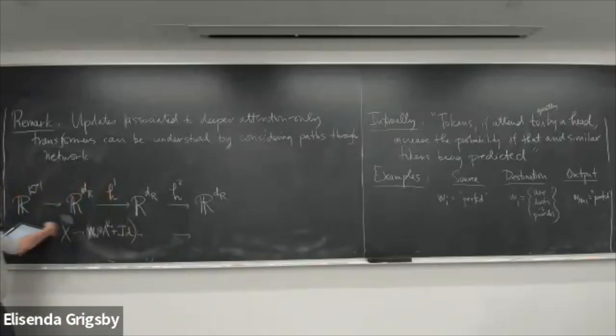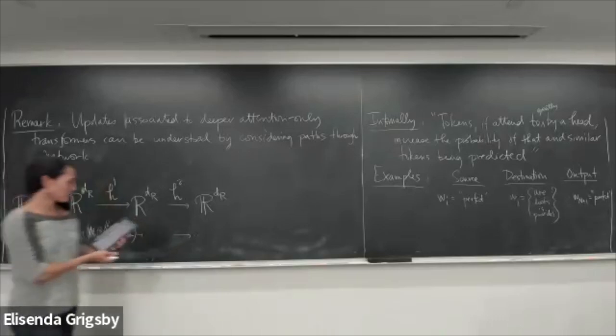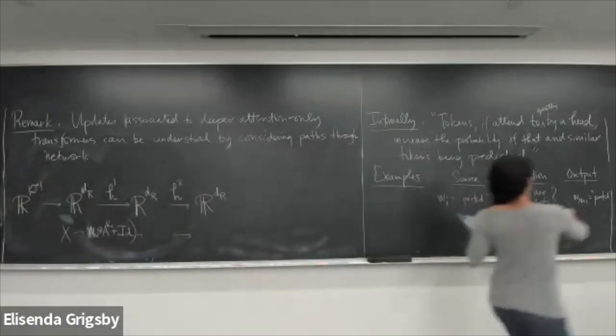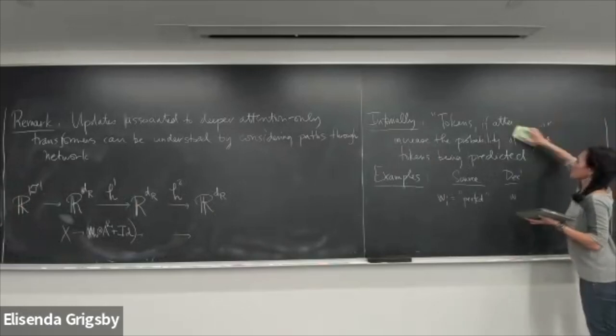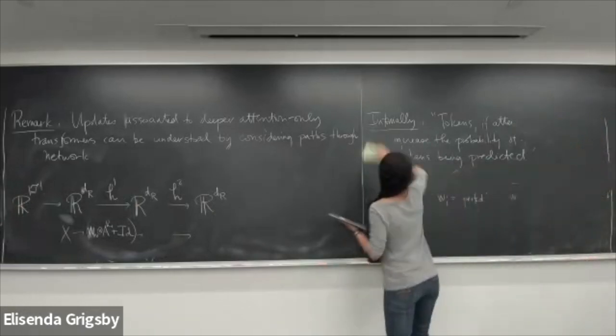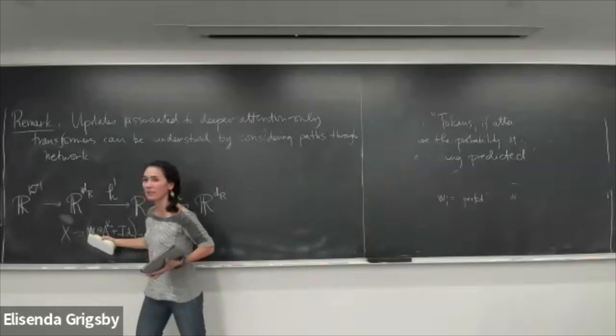You can decompose the composition by multiplying out the different compositions, or the different ways of getting from here to here. This tensor product just means act by this on the right and act by this on the left.